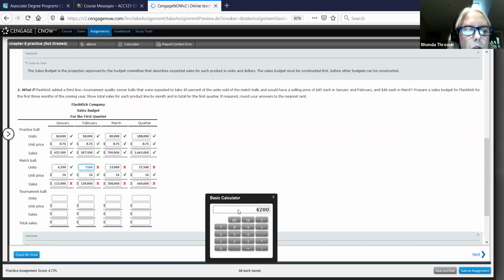And you got to fix each one of these by multiplying each one by 60%, what was left.